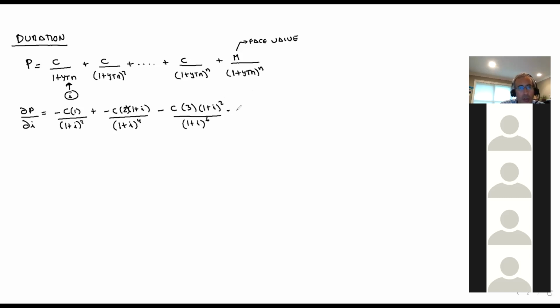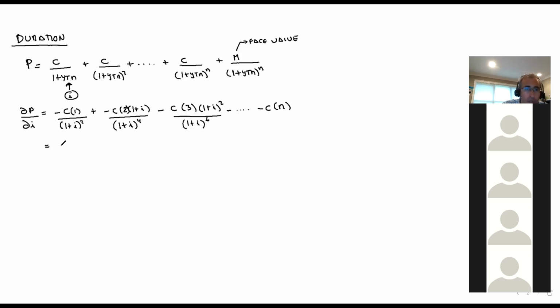Then if we continue this operation, the last one is going to be minus C to the power n. So let me do this.